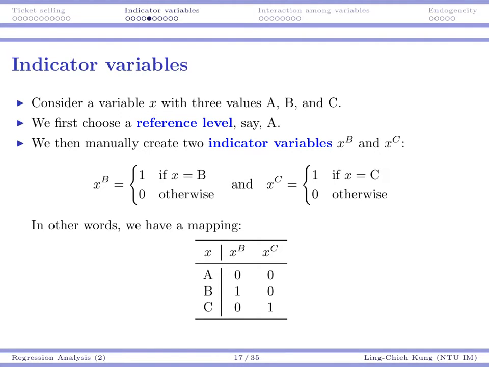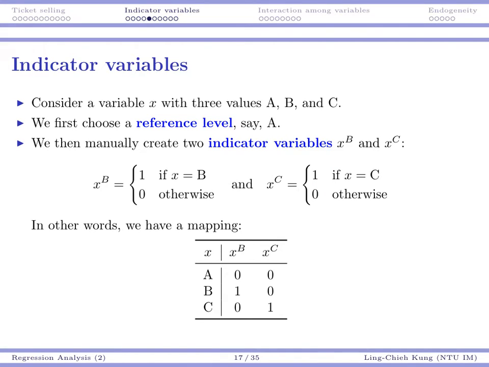And then for all the other unchosen values, for each of them, you will create an indicator variable to record 0 or 1. 1 means you label the variable as 1 if that corresponding value is really b, or you label that value as 1 if that corresponding value is c.